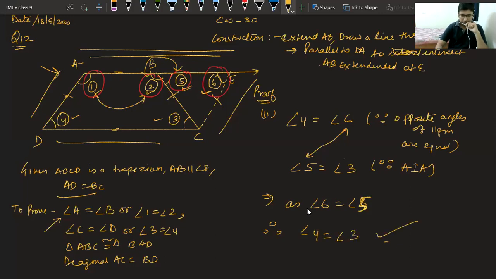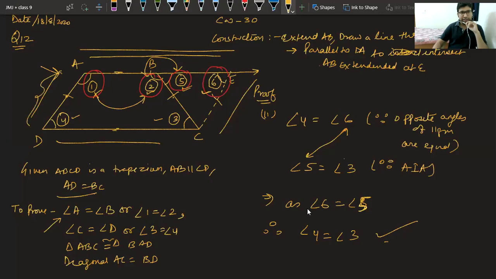Yes, class? Sir, could we directly do it with angles opposite to equal sides are equal? No, we cannot do that. Very good question. Vaishnav, very good question. Class, Vaishnav is saying, sir, in quadrilateral ABCD, AD is equal to BC.